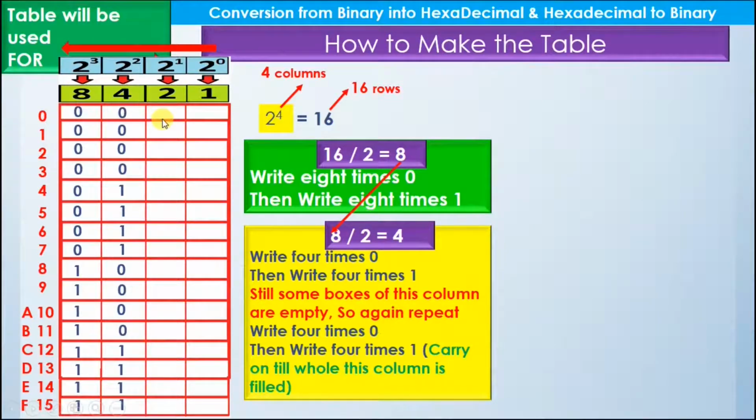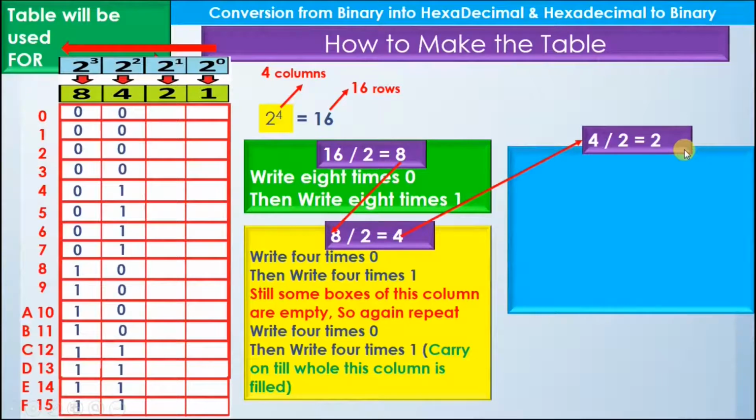So we will move to the next column. So now we will take this 4 and we will divide it by 2. So 4 divided by 2 is equal to 2. So we write 2 times 0. So 2 zeros come here. And then we write 2 times 1. So 2 ones come here.